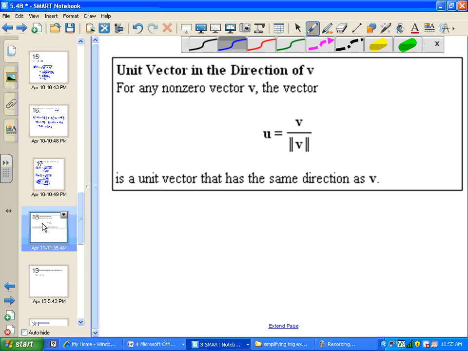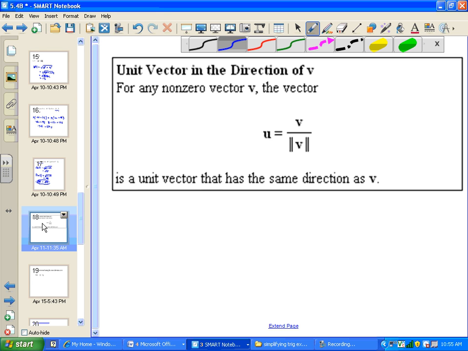Unit as in 1. So let's say you measured the magnitude as 16, the unit vector would only be 1. And so what we have to do is make the components come out to give me a magnitude of 1.